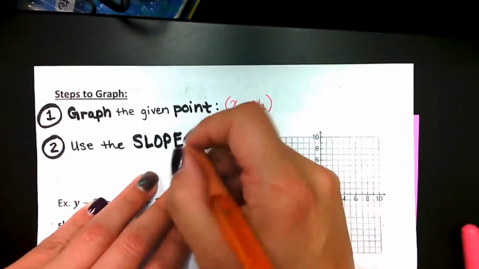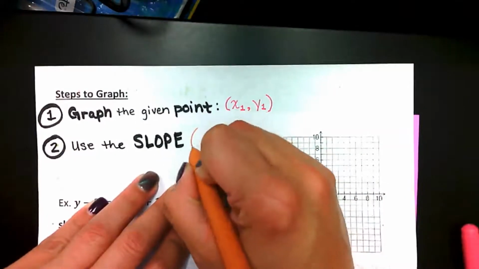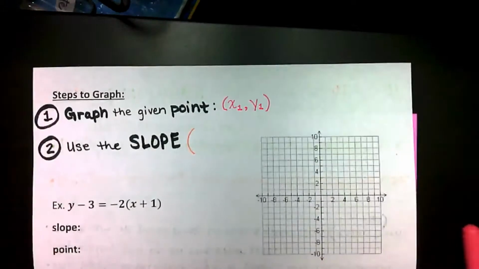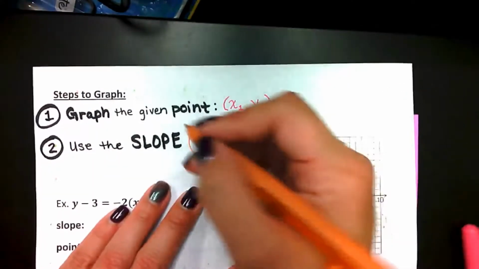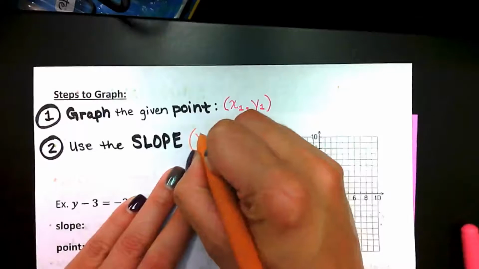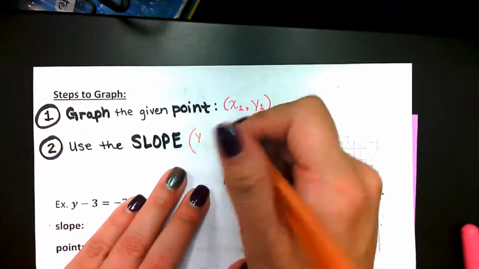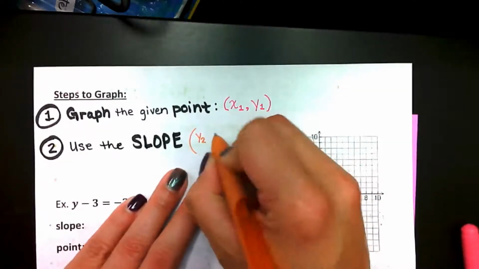Rise over run, that's easy stuff, all right? What's another way to describe rise over run? Another way to find the slope. I'm sure some of you should be able to tell me this one.